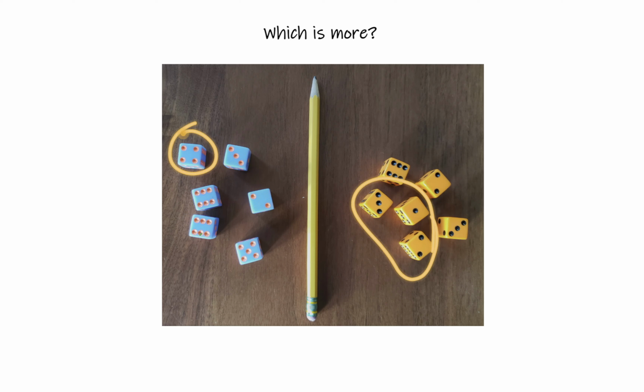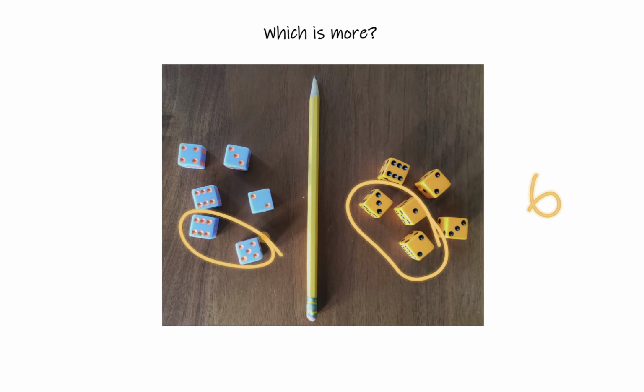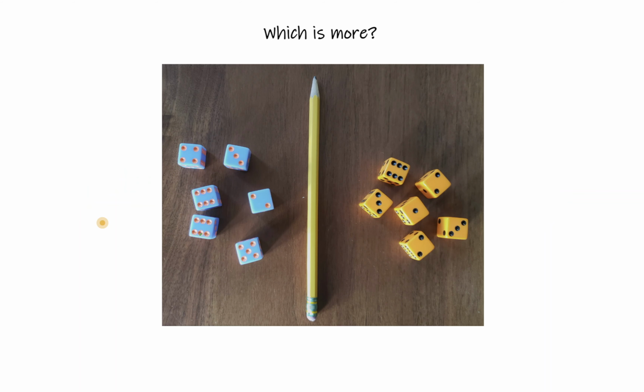What remains on both sides are these dice. On this side, what remains is 6. On this side, what remains is 15. 15 is far larger than 6, and so yet again, the blue side has more dots.